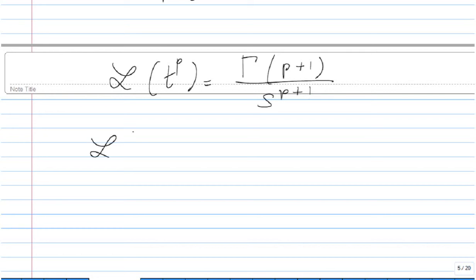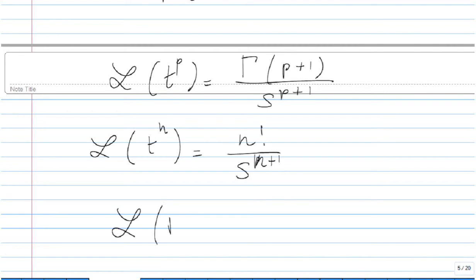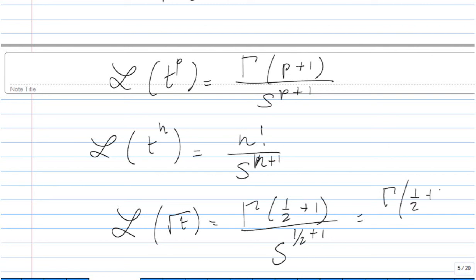So in particular, if we take t to the power n, this is n factorial over s to the n plus 1, and that's one of the formulas we found before. So here we wanted to find square root of t, and that's gamma of 1 half plus 1 over s to the power 1 half plus 1. In other words, gamma of 1 half plus 1 over s to the power 3 half.